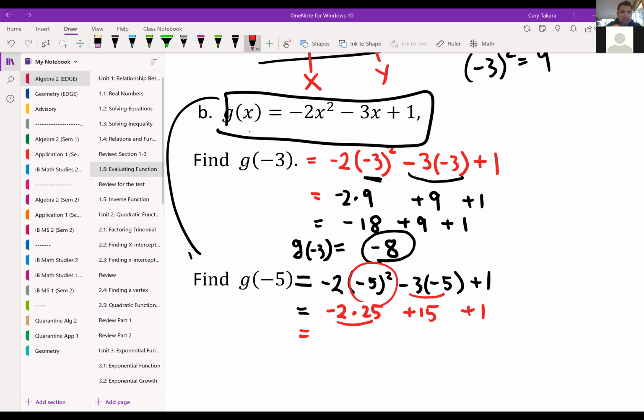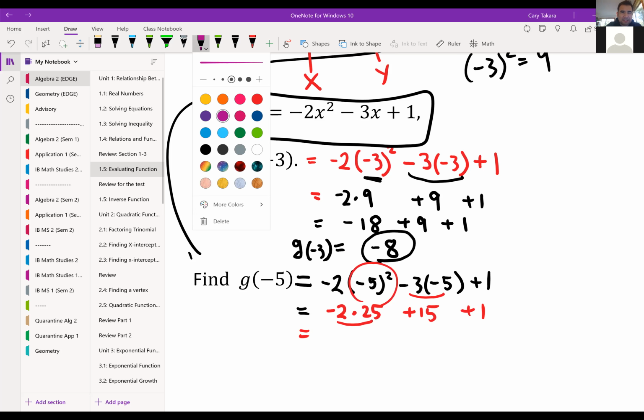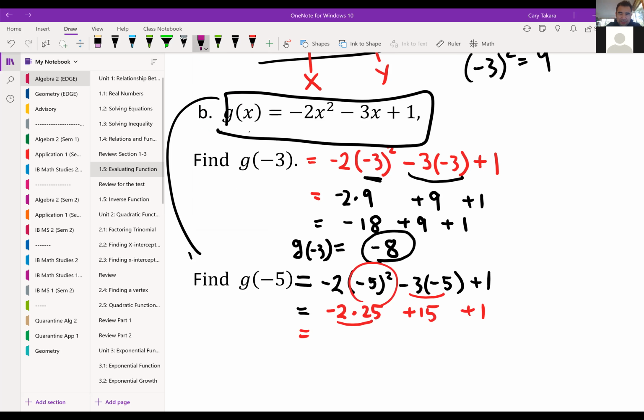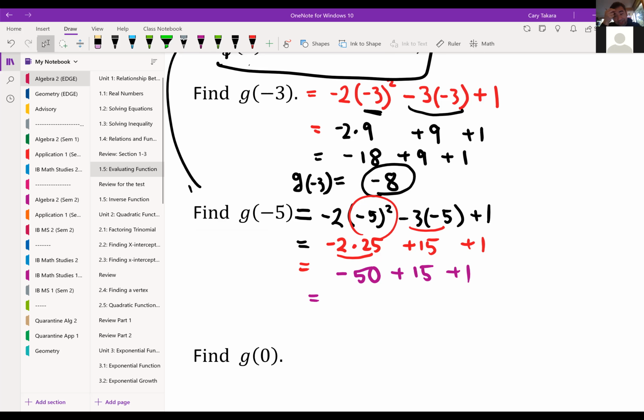Negative 2 times 25 is negative 50, plus 15 plus 1. What is that?